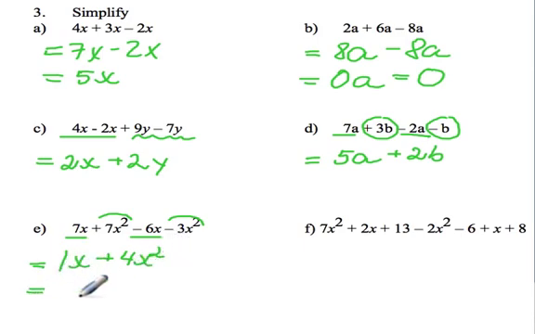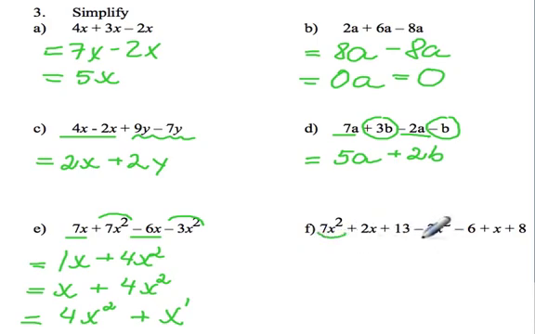Now 1 times x is just x, so I can rewrite it as x plus 4x squared. It is also more usual to leave it in descending order, so 4x squared would come first because that's to the exponent of 2, and then x, that's to the exponent of 1. Both answers are correct.